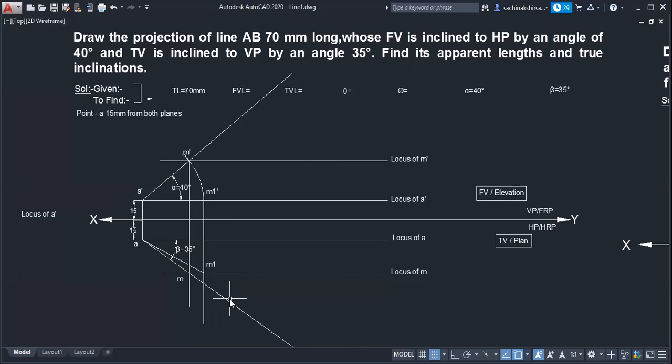So how much is it? Will you measure? 29. Sorry, 28 is coming. Yes, sir, 28. Okay, no issue.